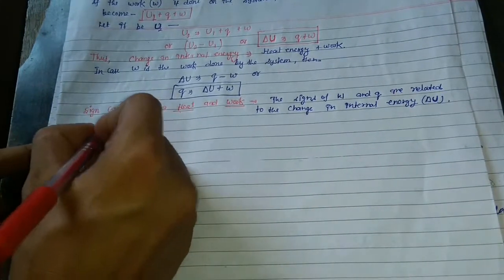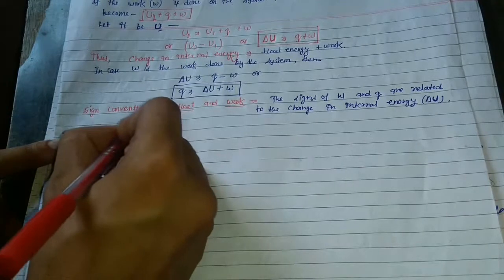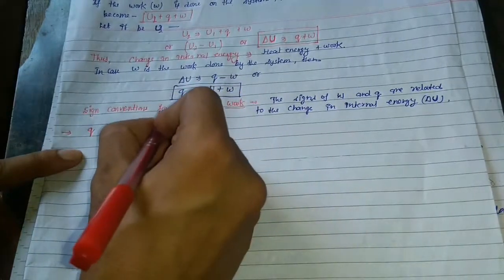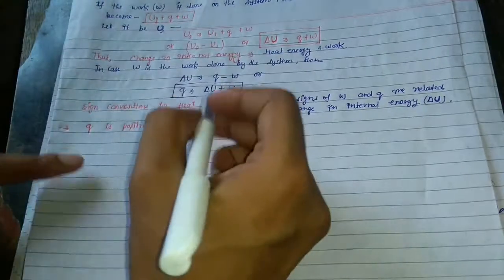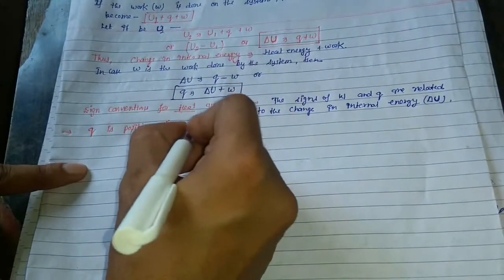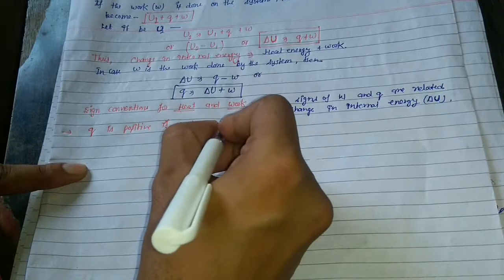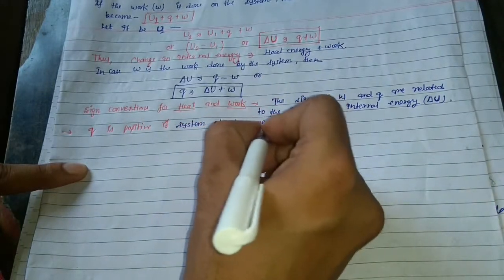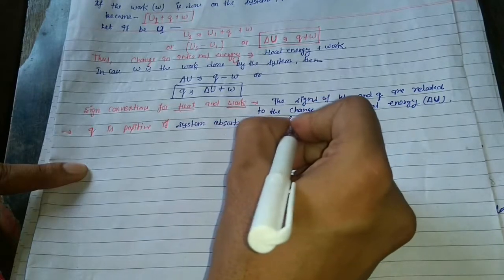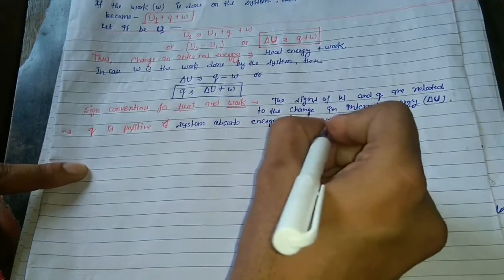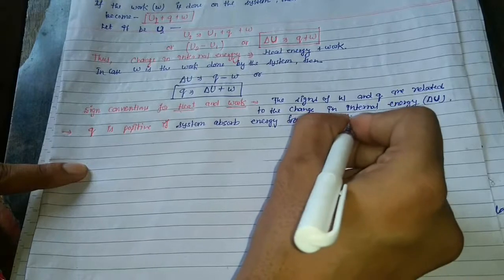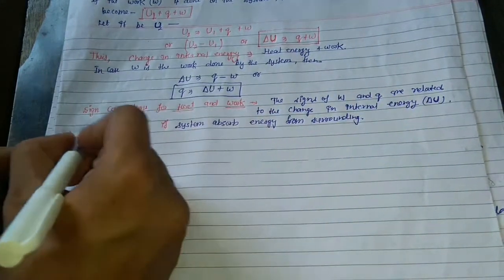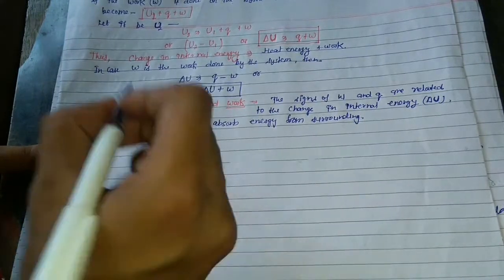Q, heat energy, will be positive if the system absorbs energy from surroundings. Okay, if the system absorbs energy from surroundings, the heat energy will be positive.